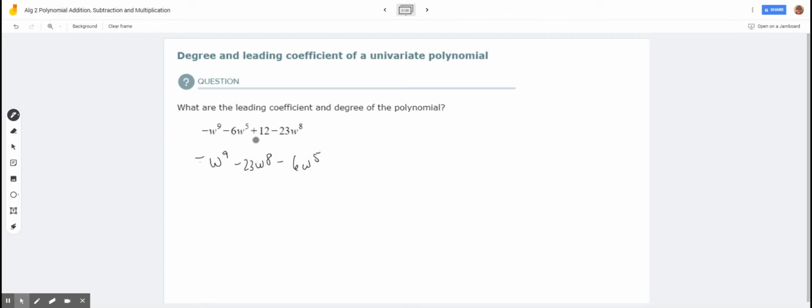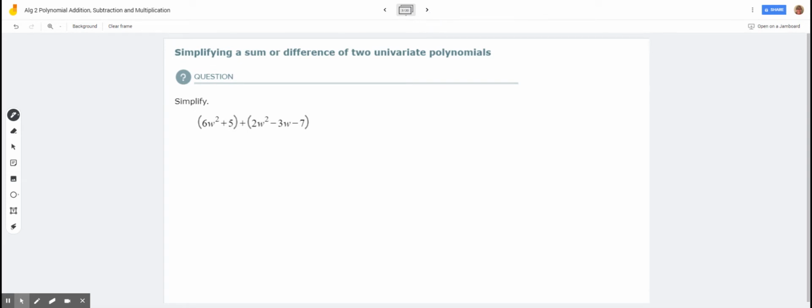And then we go to the constant, which is just the number by itself without a variable. What is the degree? The degree is 9. The leading coefficient is negative 1. And that's all you'll have to put in to Alex.